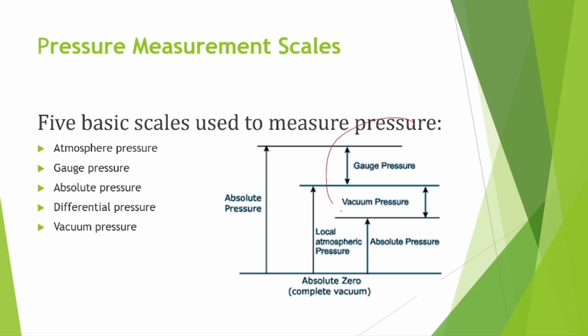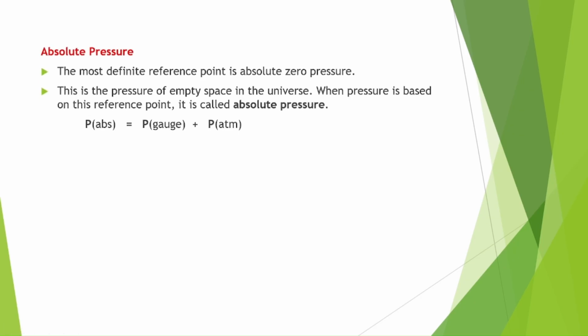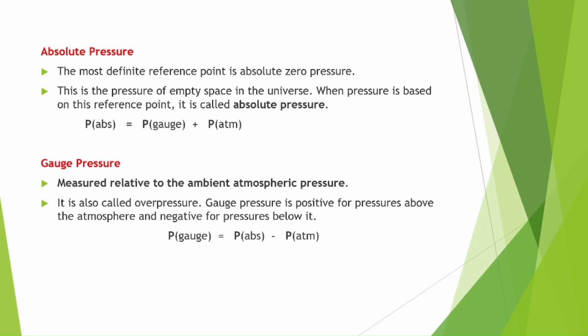That will be denoted by using this chart. If you look at absolute pressure, the definite reference point is absolute zero pressure. This is the pressure of empty space in the universe, and it is calculated as the sum of gauge pressure as well as atmospheric pressure.